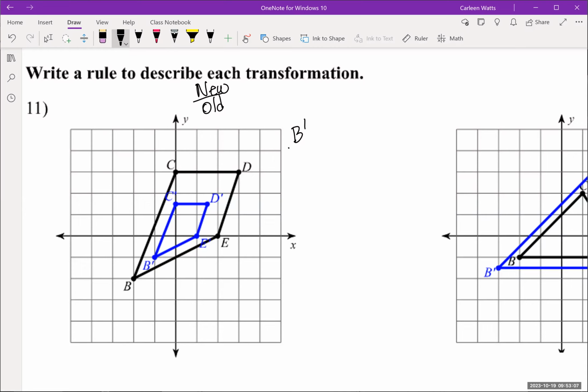B prime over B, or I could do C prime over C, D prime over D, E prime over E. I'm going to do one of these. And I could either choose the X or the Y. Okay. So let's do, should we do the B's? Let's choose the X. You could do X or Y. They're the same.